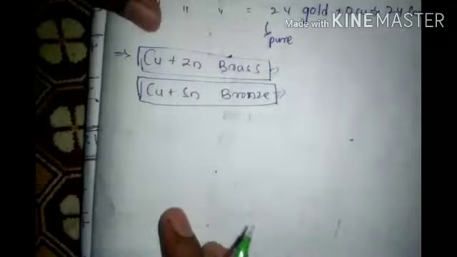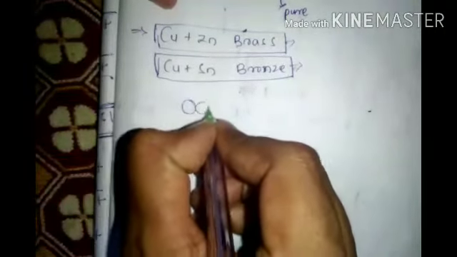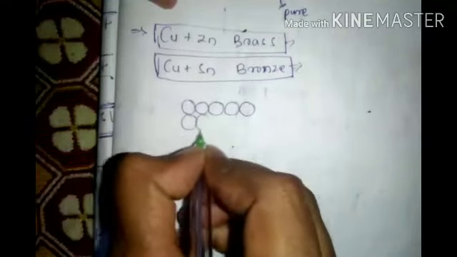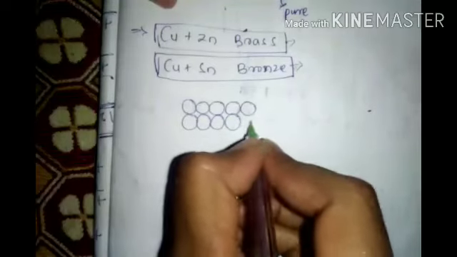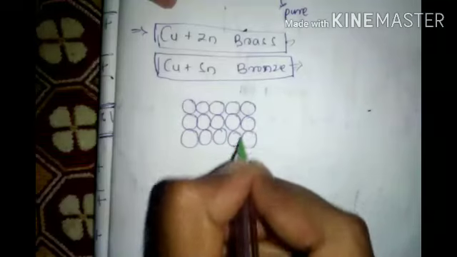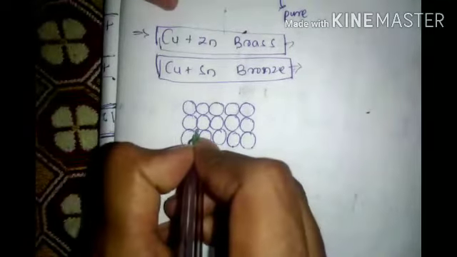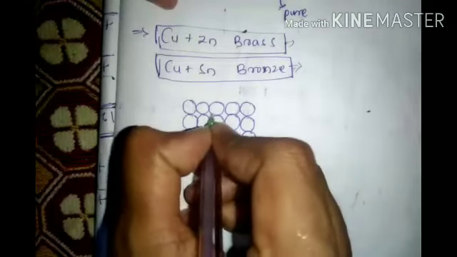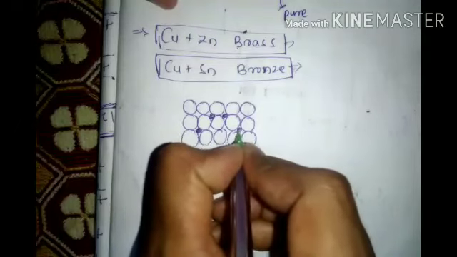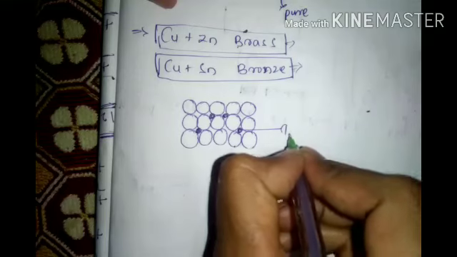So how is it possible inside? See, the arrangement of copper is like this: square, or hexagonal, which we will discuss later. I am taking square. So in the middle, tin or zinc will come in some places. That is called trapped atoms.